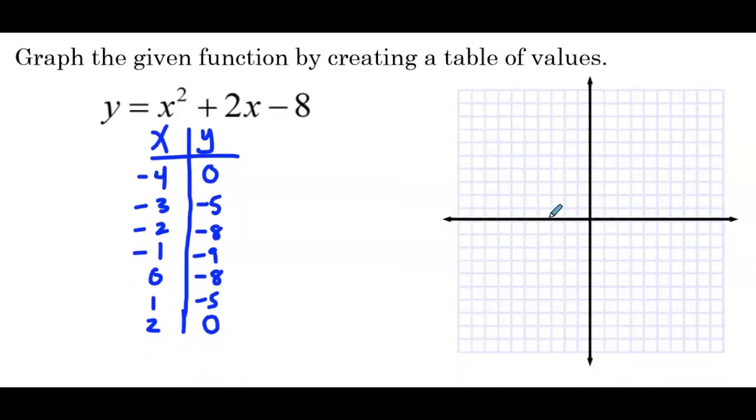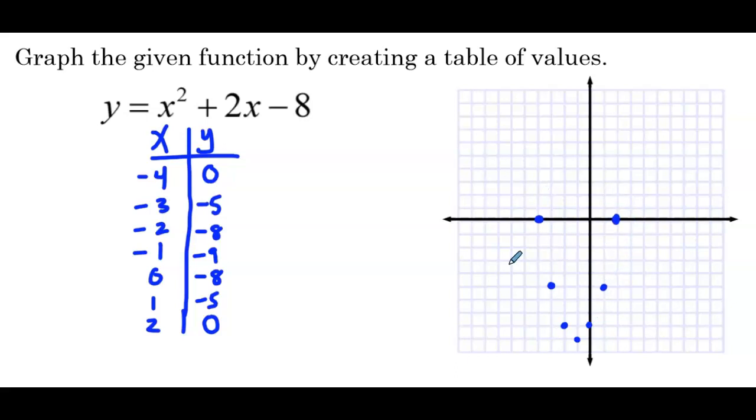So we have the points: -4, 0; -3, -5; -2, -8; -1, -9; 0, -8; 1, -5; 2, 0.